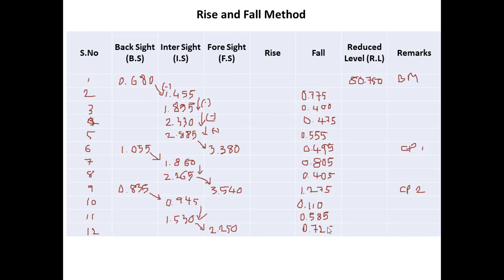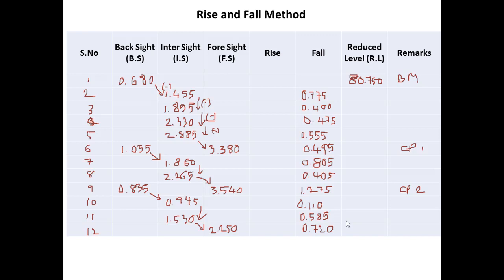Now we have to come to the reduced level calculation. Our reduced level for the first point is 80.750. We have to calculate for the remaining points. Very in the beginning I said that in the rise and fall method we have continuity.